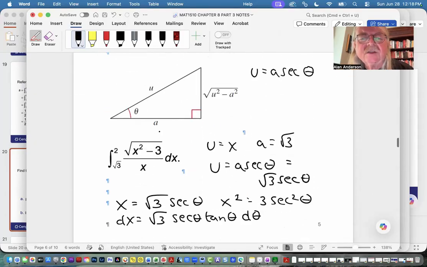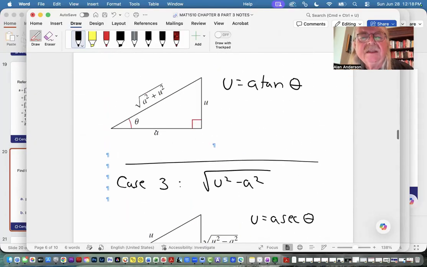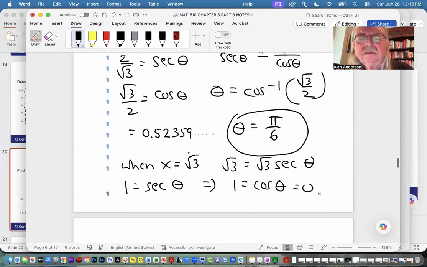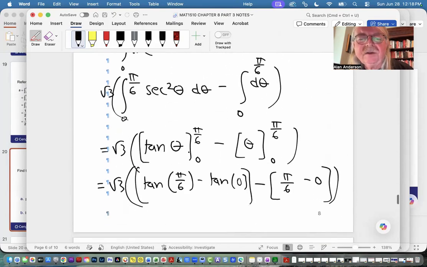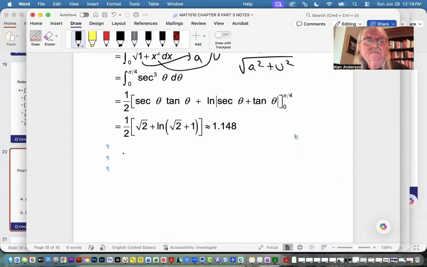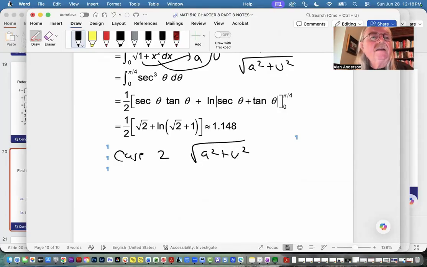So how does this case work? We can think of this as case two. So finally, it makes an appearance. Look at this. All right, so with that one, what does the triangle look like?